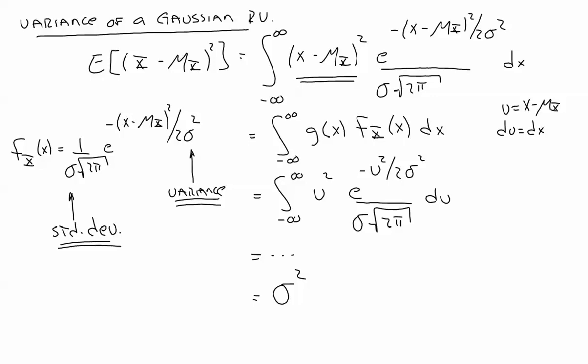All right, let's look at the uniform random variable. We looked at the uniform random variable in the previous video just a bit. Let's remind ourselves of the results.